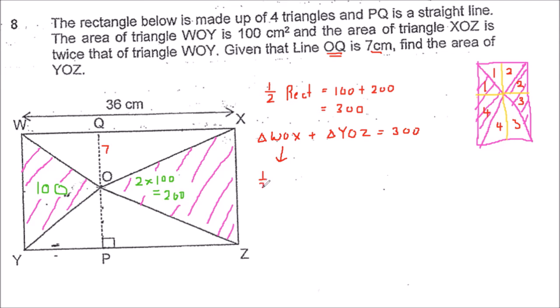It will be half times 36 times 7, so we have 126. So that means I can find the area of YOZ. If we take the total, which is 300, minus 126, I will have 174 square centimeter. Okay, so that's the answer.